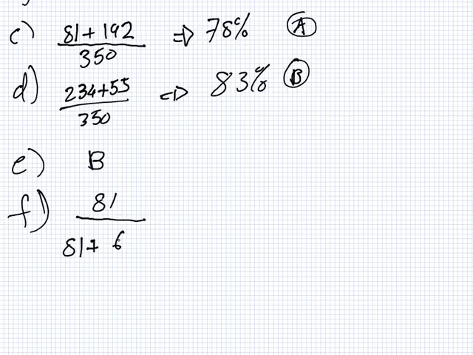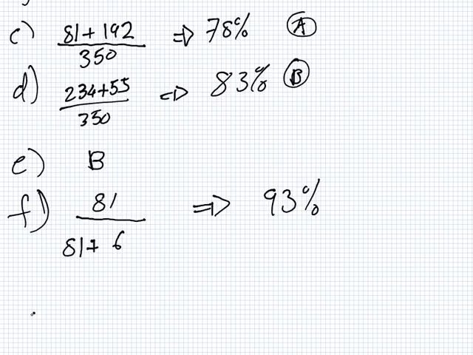Why have I got 81 plus 6 on the bottom instead of 350? Small kidney stones. I said at the start, I'm looking at people with small kidney stones. Yeah, so that's why it's only 81 plus 6. Not everybody, just the small kidney stone people. So if you have a small kidney stone, what is your probability of being successfully treated now? 81 over 87, which is 93%.